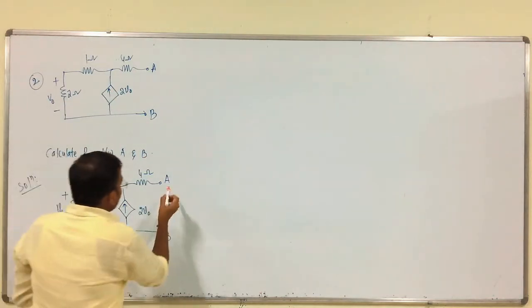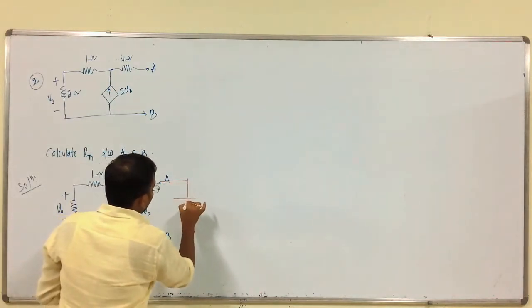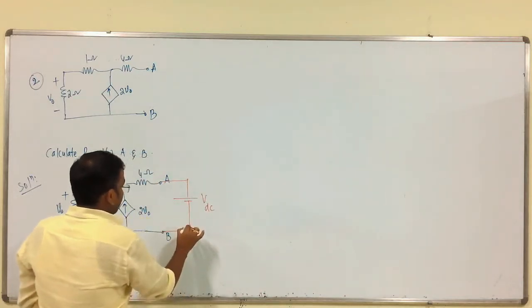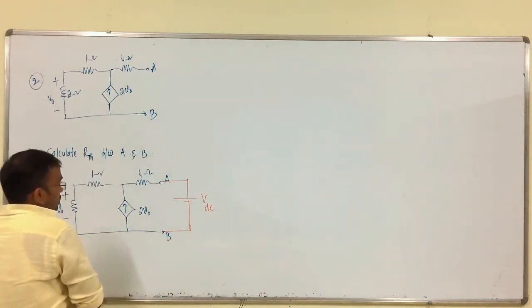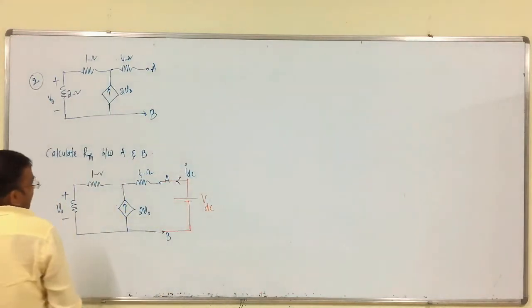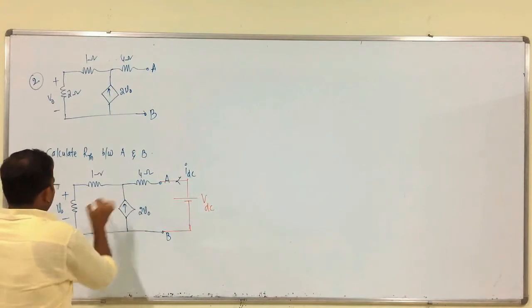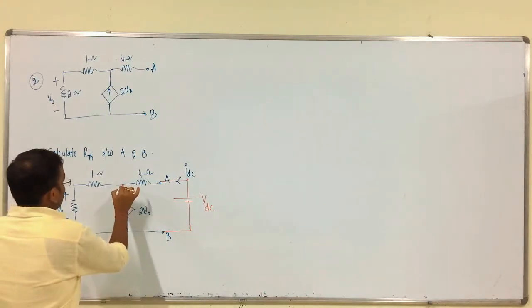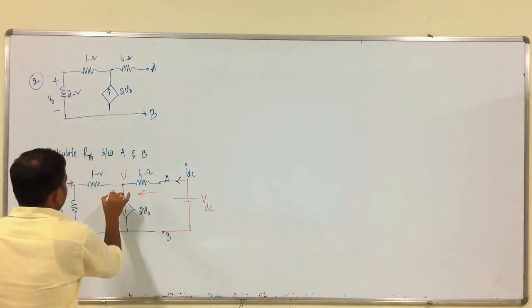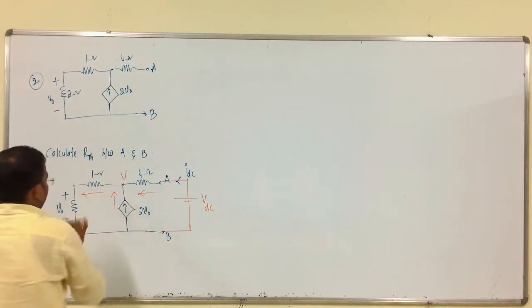So, between these two, we have to provide VDC. So, due to the application of VDC, we have IDC. Okay. VDC, let us say this is V. Therefore, IDC is entering, leaving, right.